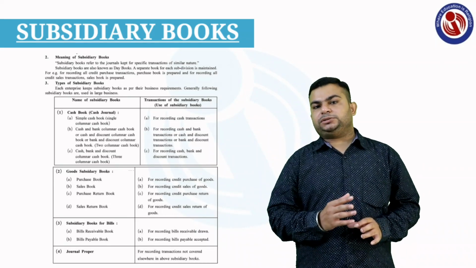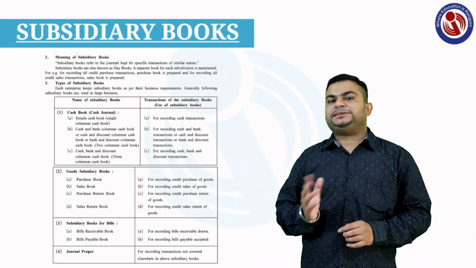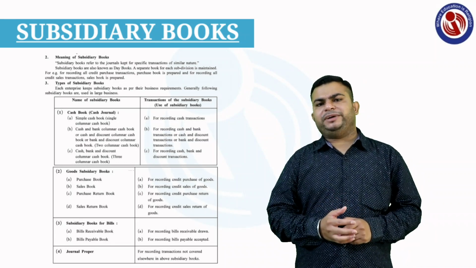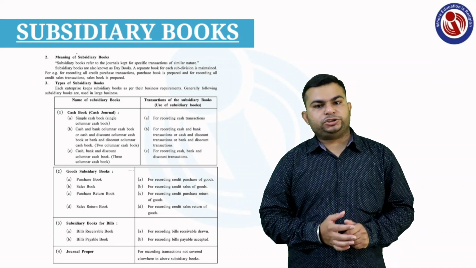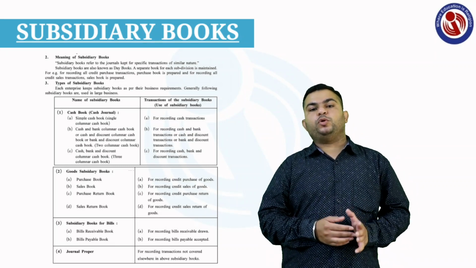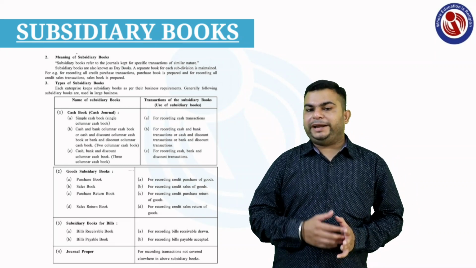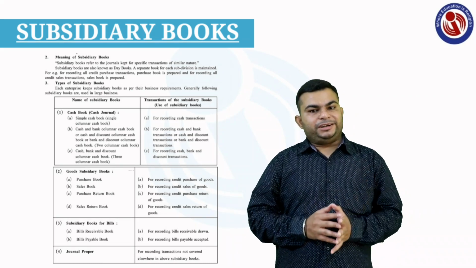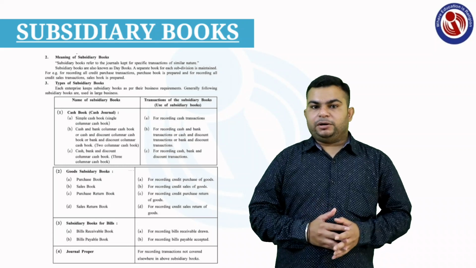All the transactions of sales will be recorded in a separate book, a sales book. All the transactions when goods are returned by our customers will be recorded in a separate book called a sales return book. In the same way, all the transactions of purchase return will be recorded in a separate book.